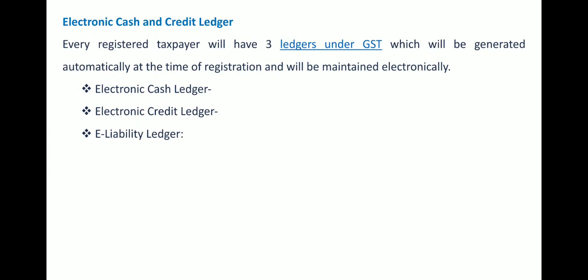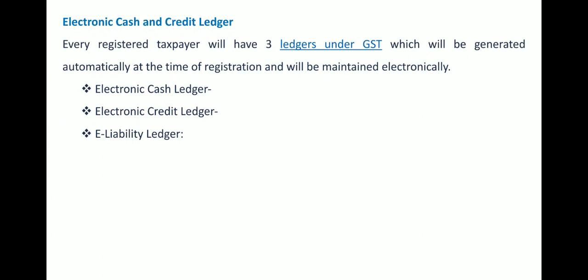This ledger will be auto generated. All three ledgers are auto generated, but the e-liability ledger will show the liability of tax payment, what has to be paid at the year ending, what tax amount is to be paid, that will be shown.